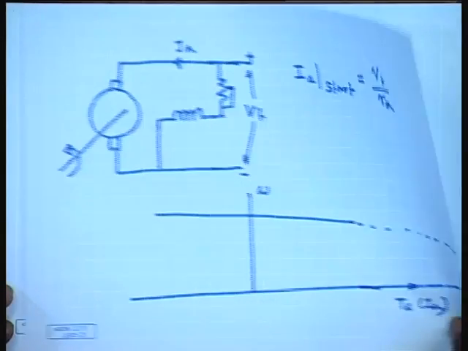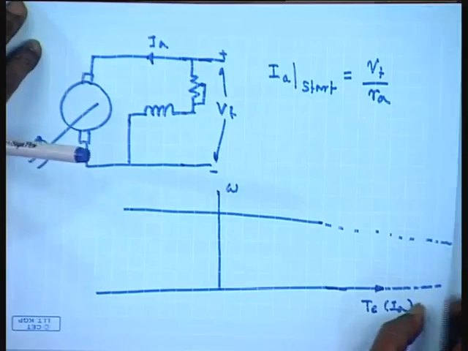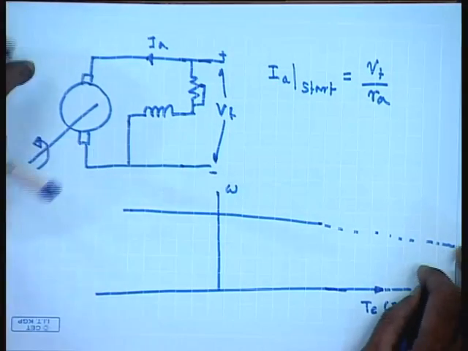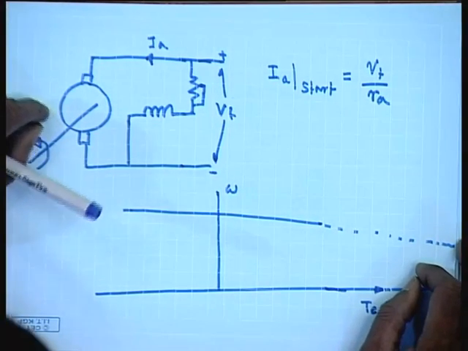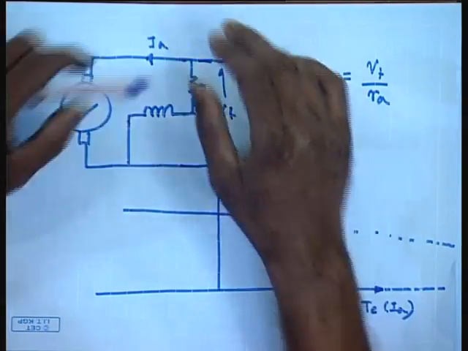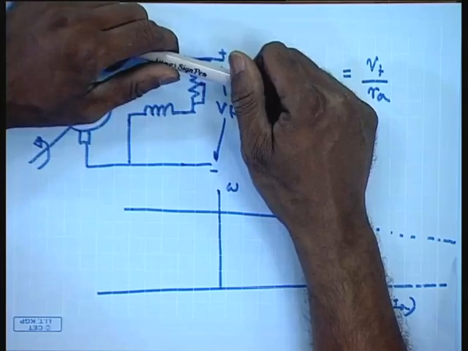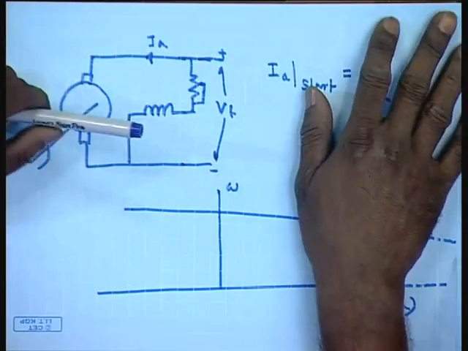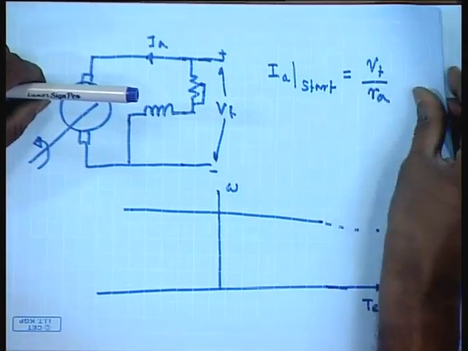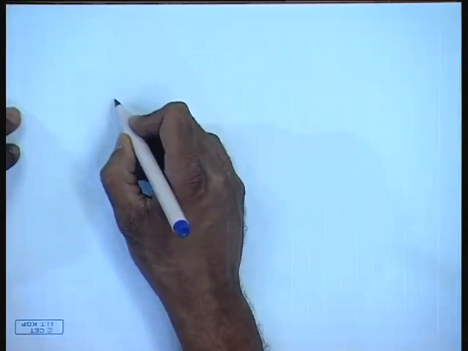So, how to overcome this problem? If the armature voltage can be made variable, then of course we can start with a very low voltage and overcome this problem. However, more often than not, only a fixed voltage source will be available. So, the next simplest approach is to connect an armature resistance in this manner.